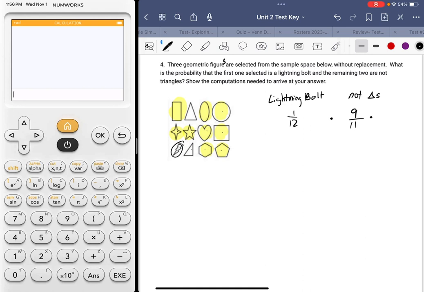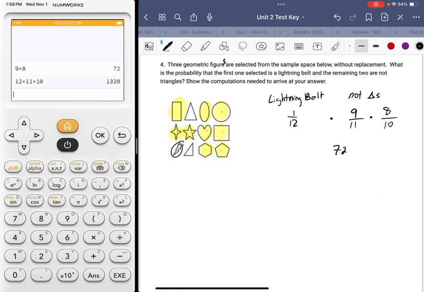And then if I select another one, one of the non-triangles is gone, so I'm down to 8, and there are 10 geometric figures left over. So we just run the numbers: 9 times 8, you don't need the 1, over 12 times 11 times 10.